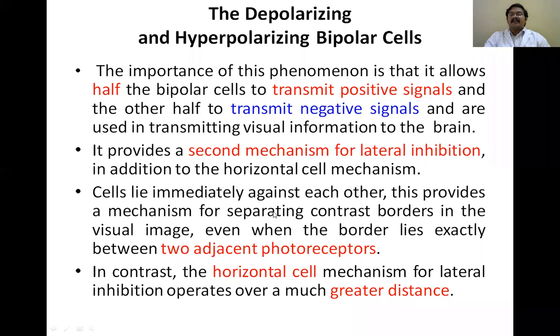The cells lie immediately against each other. This provides the mechanism for separating the contrast borders in the visual image, even when a border lies exactly between two adjacent photoreceptors.